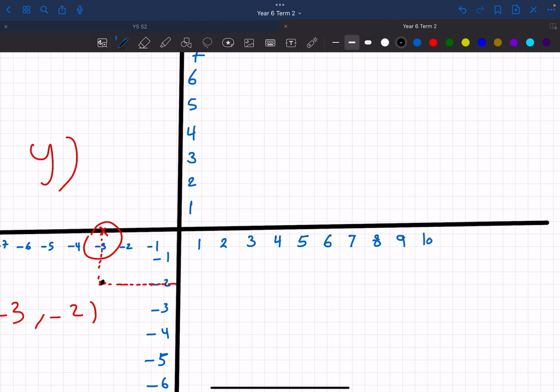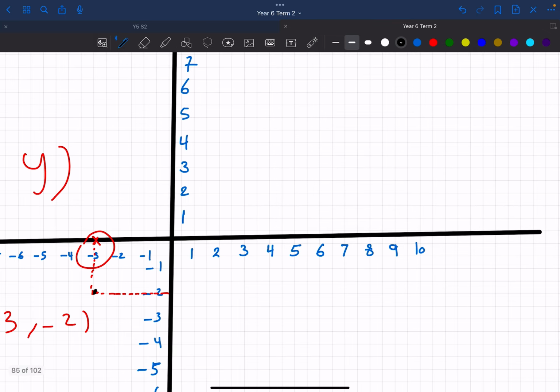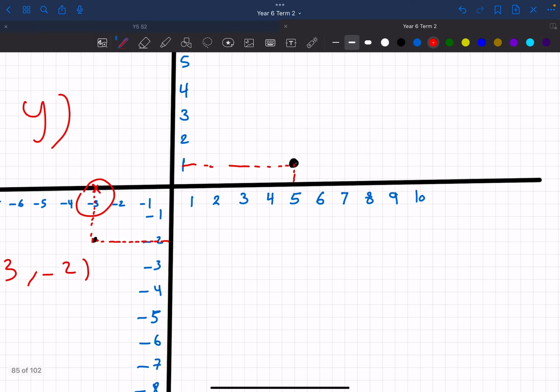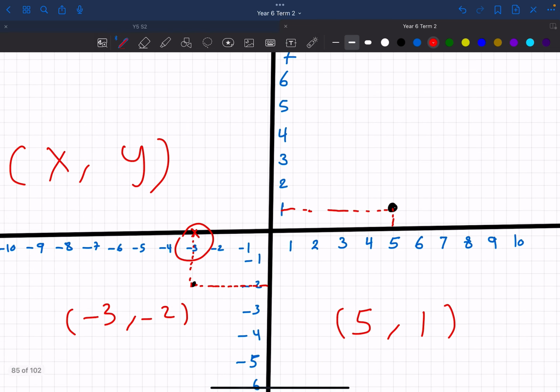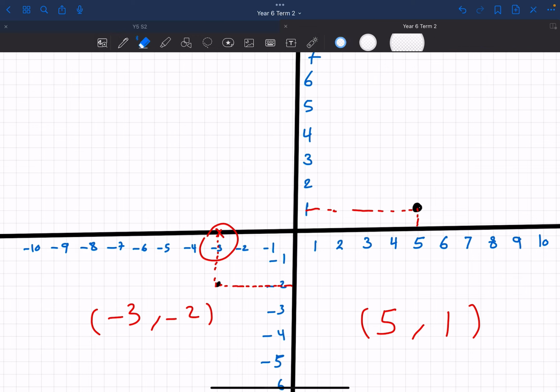What about this? Connect to the x, connect to the y. X is 5, y is 1. What about here? This.